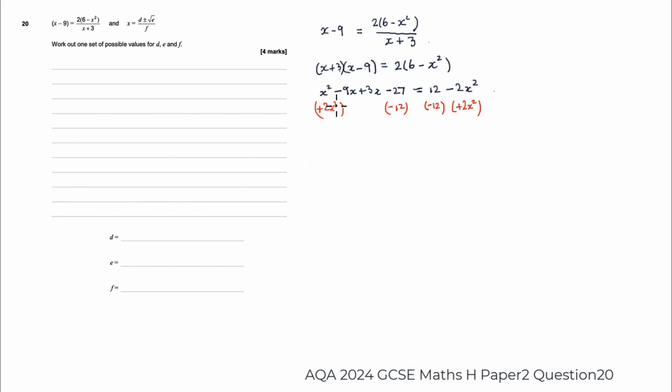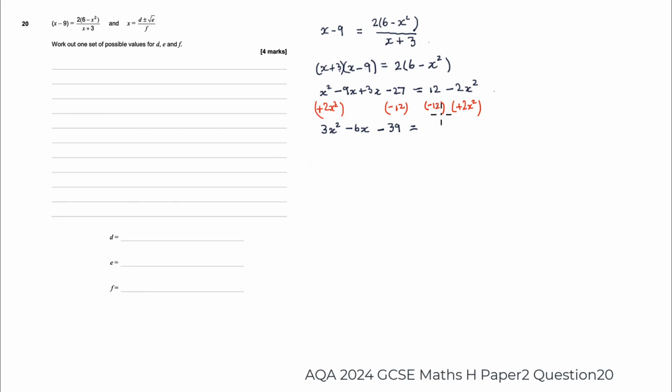So we've got x squared plus 2x squared is 3x squared. Negative 9x plus 3x will be negative 6x. Negative 27 minus 12, that's like negative 27 and another negative 12, that'd be negative 39.